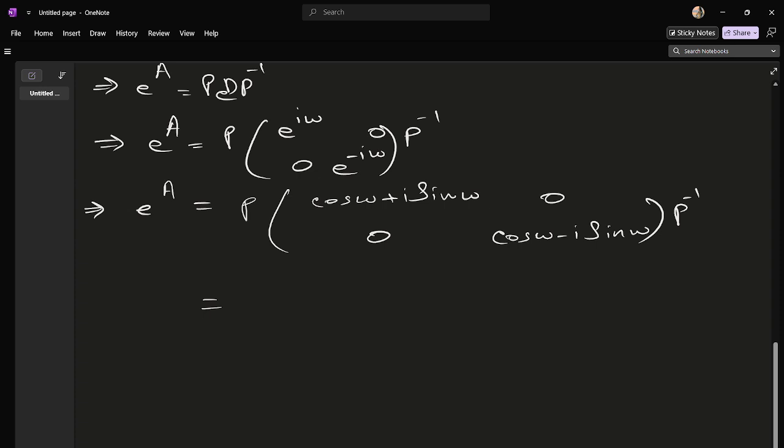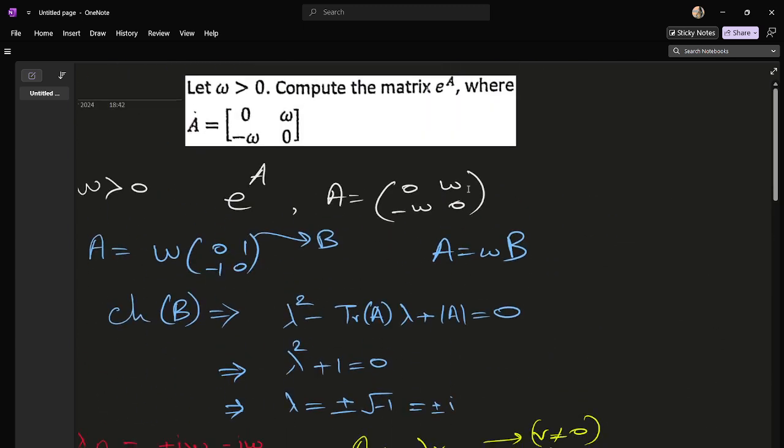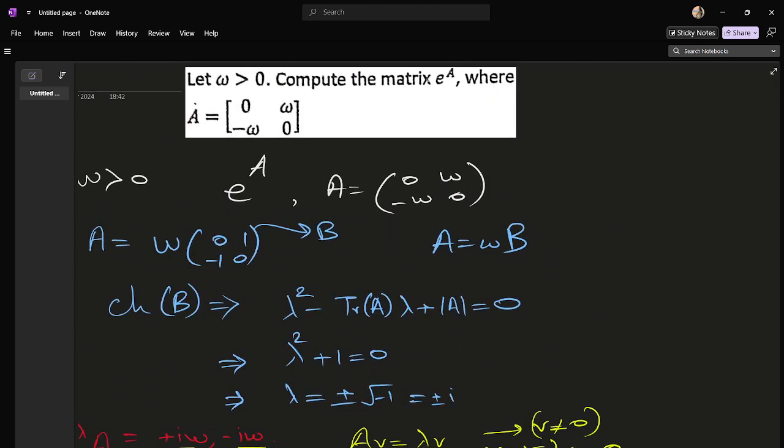This is a very big calculation, you can do it, so I am writing only the answer. It is cos omega, sine omega, minus sine omega, and cos omega. This is the required answer, I think. This is my e to the power A. Hope you understood.